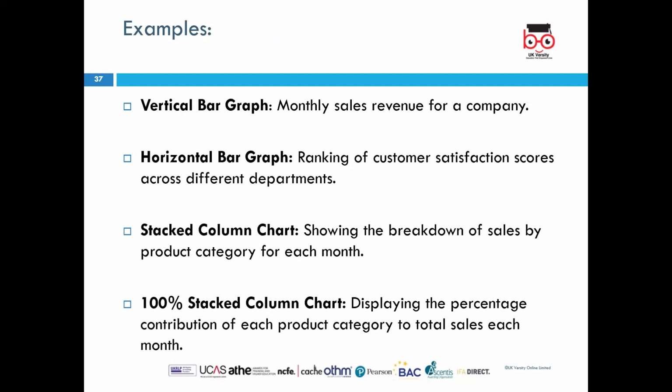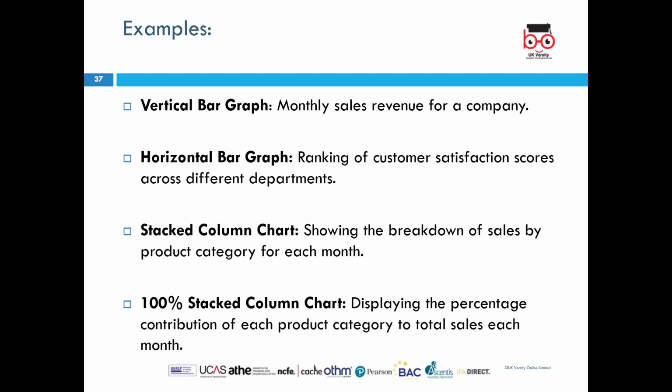So we do have an example for each of them, where the use of vertical bar graph is used for monthly sales revenues of a company. With the horizontal bar graph, this will now be used for ranking a customer satisfaction score across different departments.